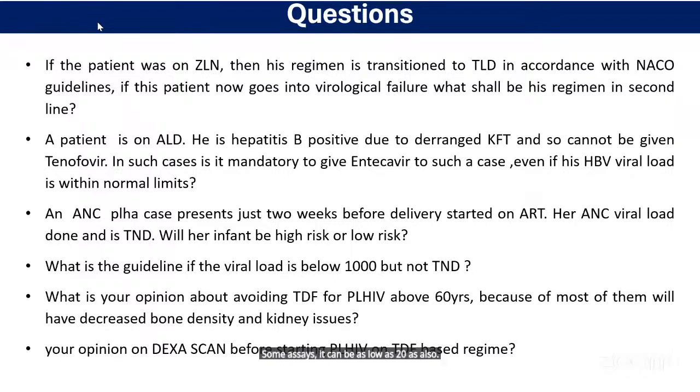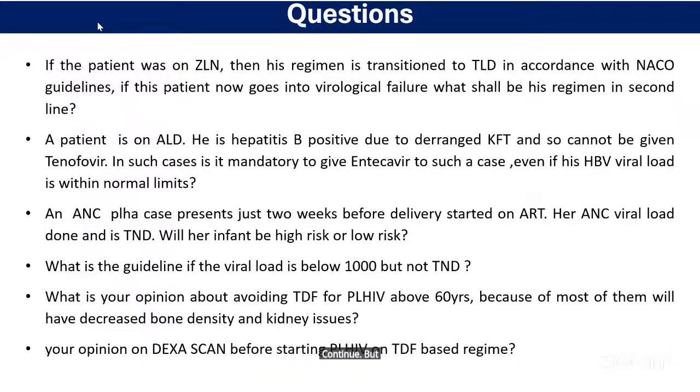Now, from the public health program, to take a decision on viral load, the WHO cutoff is 1,000. So anyone having less than 1,000 is considered to be virally suppressed and is having virologic control, and the same regimen needs to be continued.